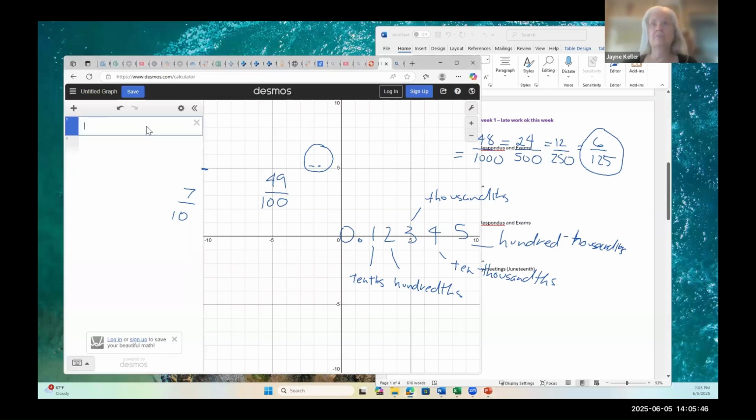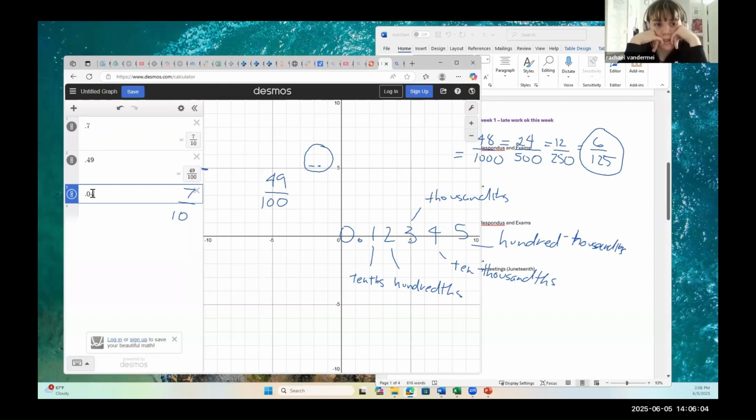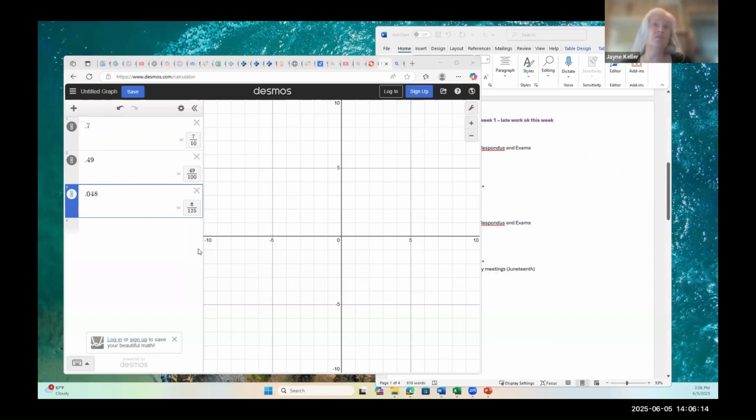We had 0.7 is 7/10, and we had 0.49 is 49 hundredths, and then we had, what was the last one, 0.048? We had 6 over 125. So we can also do it that way. Just have to click on the little fraction here.